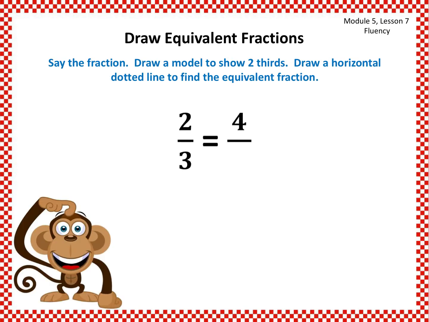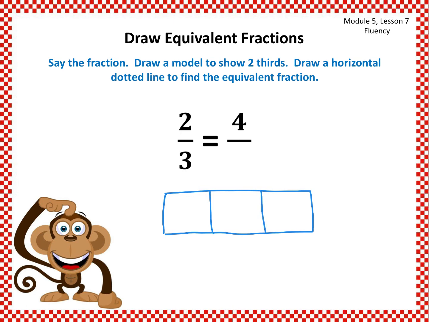Okay, this is what we did yesterday, except yesterday we did it with just 1/3 or 1/4 or 1/5. Today we're going to do it a little bit differently, and we're going to draw a model to show 2/3. So we'll start with that rectangle, divide it into thirds, and then we're going to show 2/3.